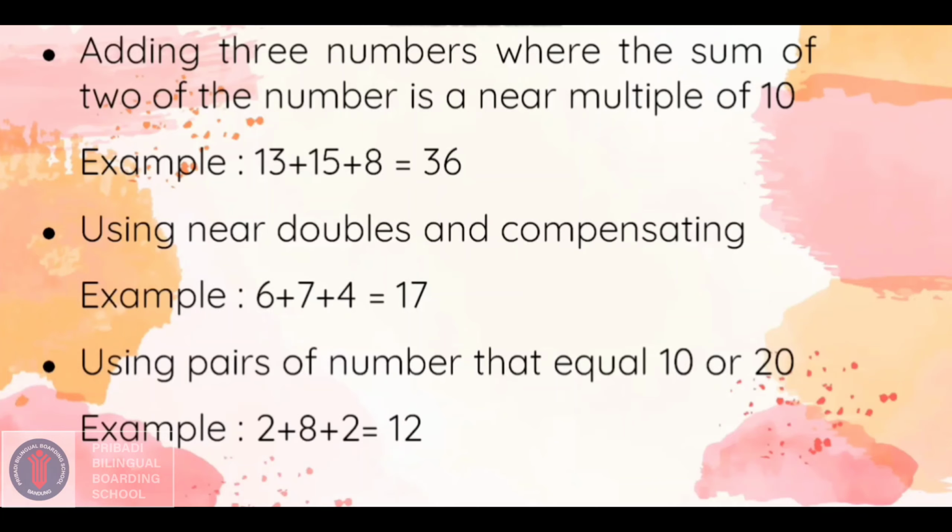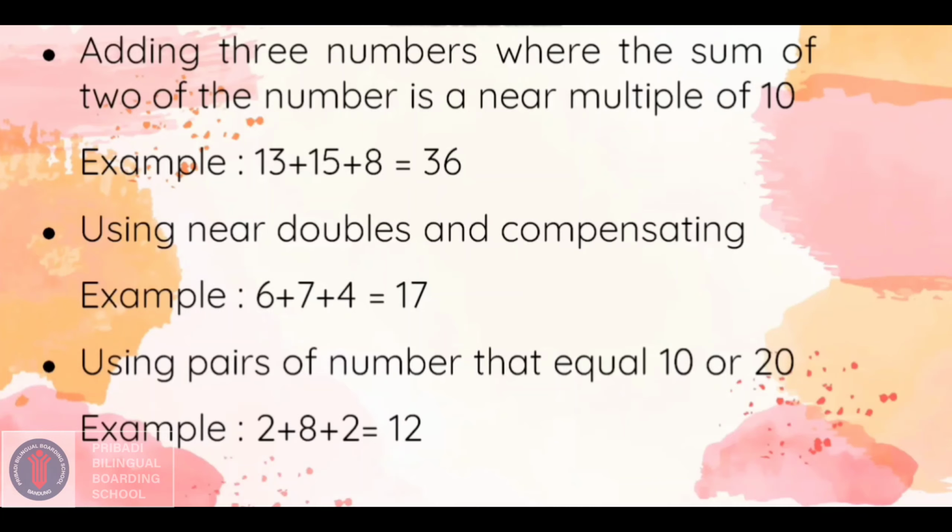And then after I got 20, I know that 20 plus 15 will be equal to 35. So 20 is from 13 plus 8. When I put together 20 plus 15, it will be equal to 35, like that.